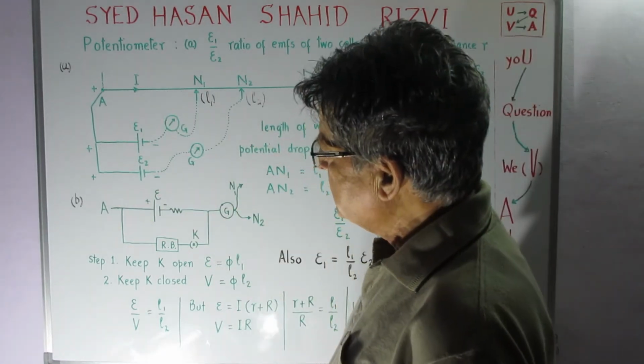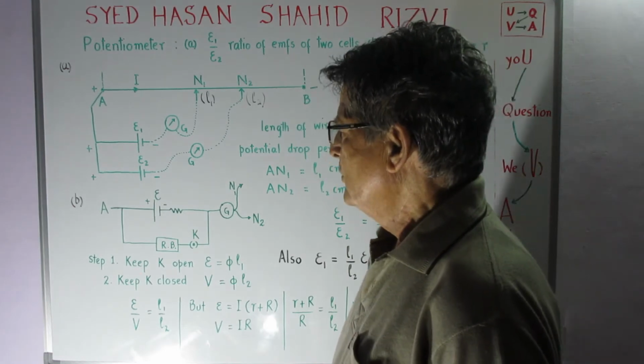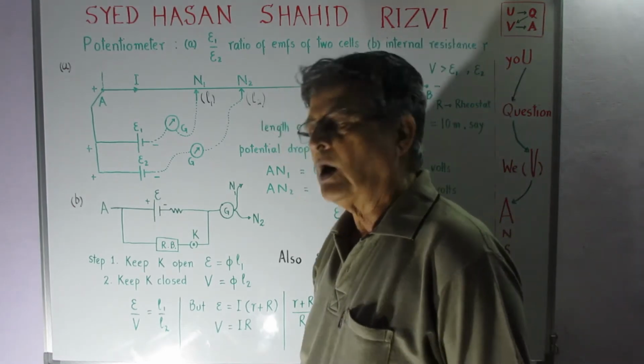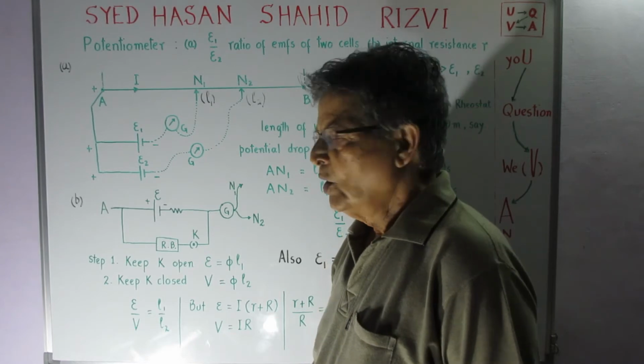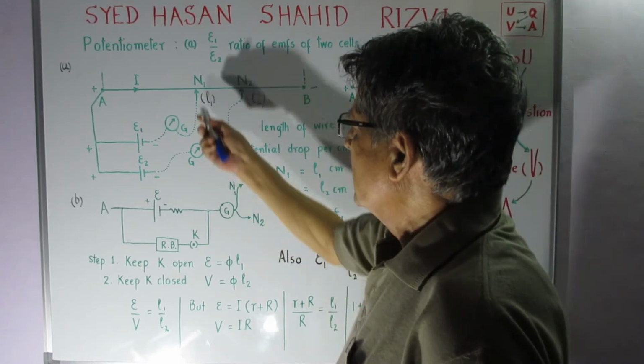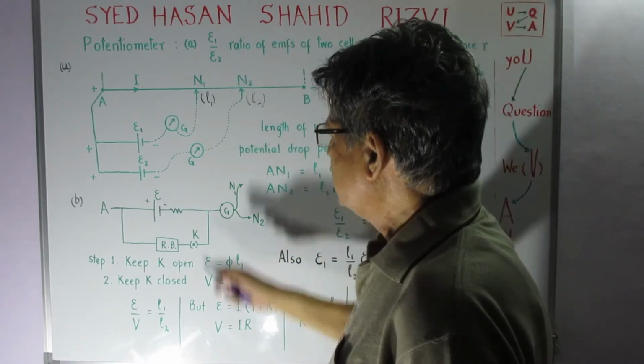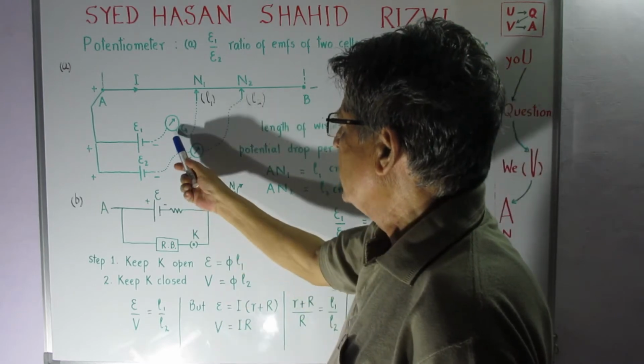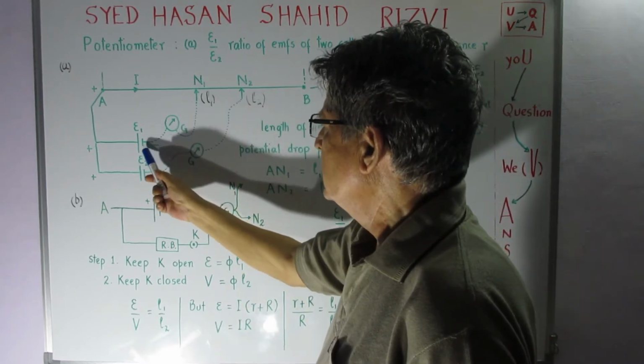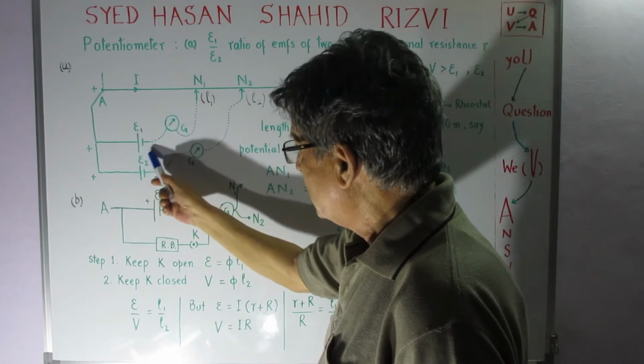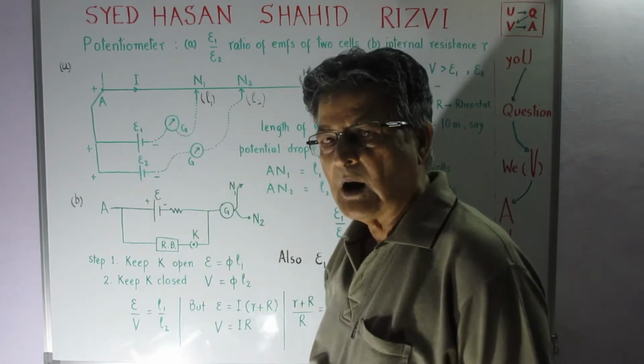That is, the potentiometer is the device which does not draw any current when the null point is obtained. In that condition, hardly any current is drawn from this cell marked E1.